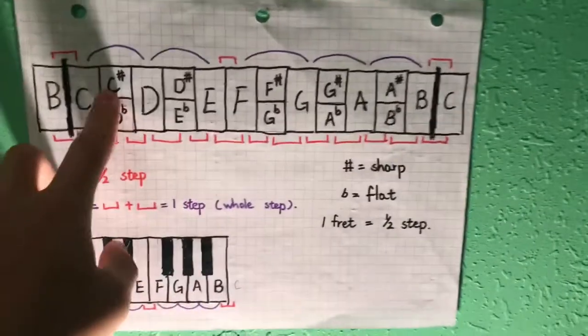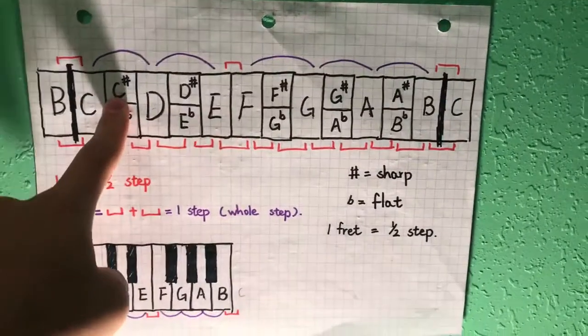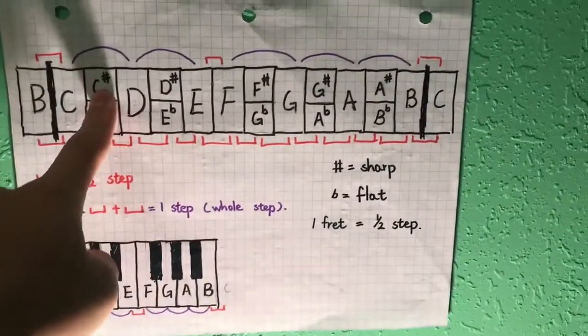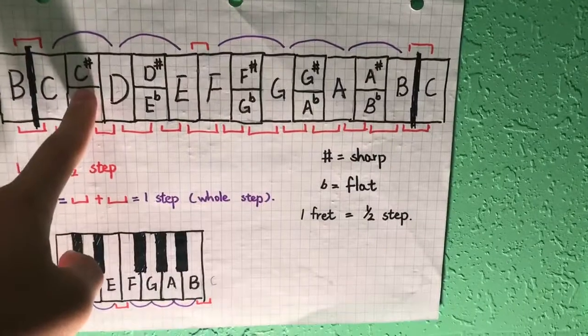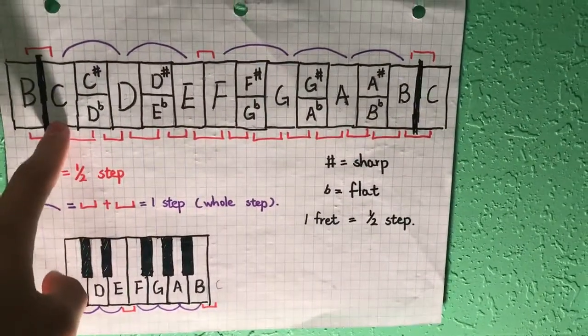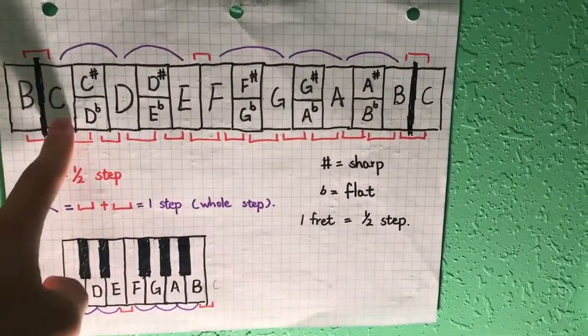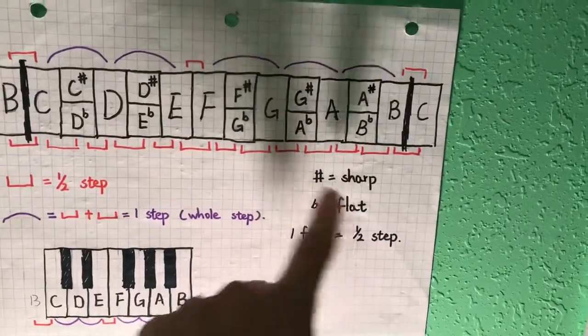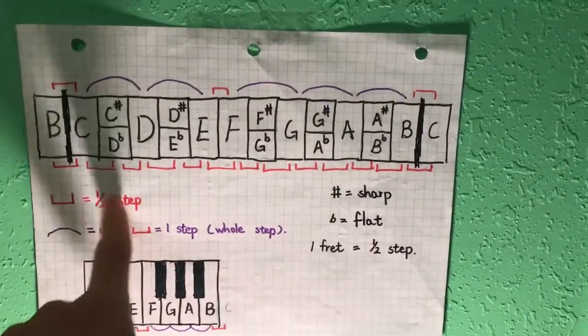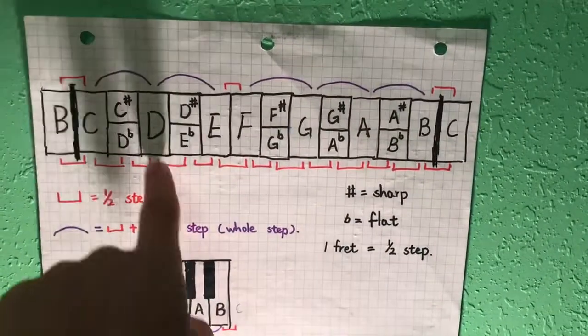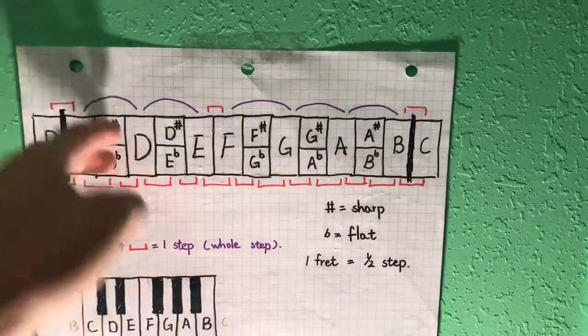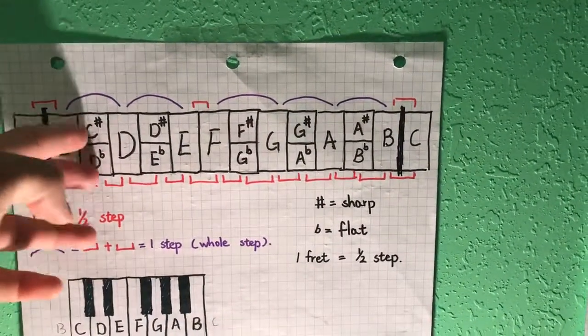So here we call it C sharp, which tells us this note is a little bit higher than the original C, and D flat is a little bit lower than the original D. And these two are the same thing.